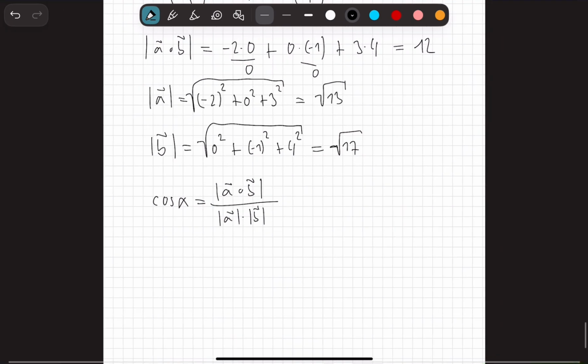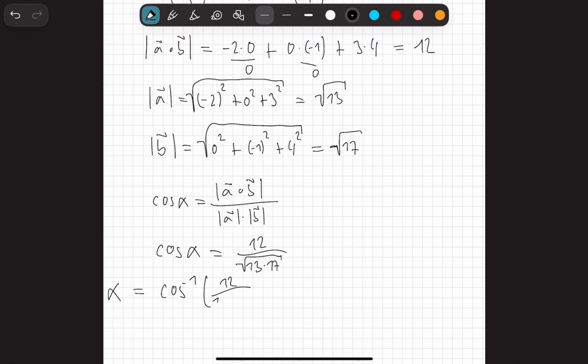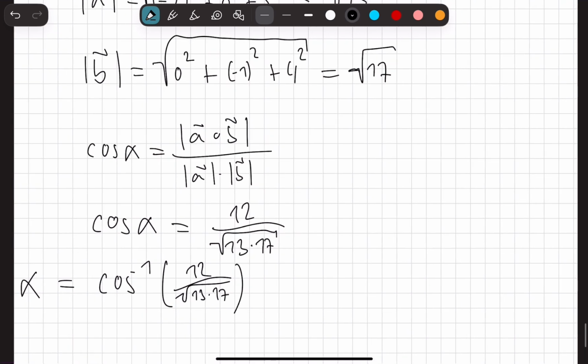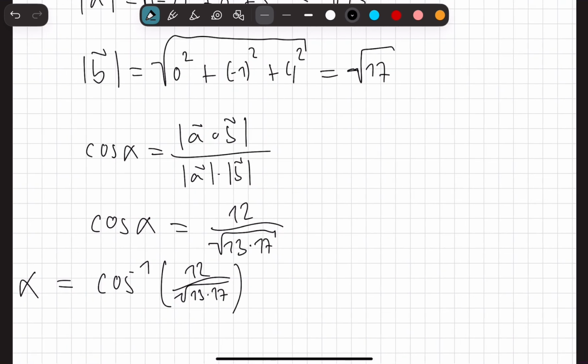So we get cosine alpha is equal to 12 divided by the square root of 13 times 17, and then we have to use the inverse cosine, so alpha is equal to the inverse cosine of 12 over the square root of 13 times 17. And if you plug this again in your calculator, you will get approximately 36.2 degrees.